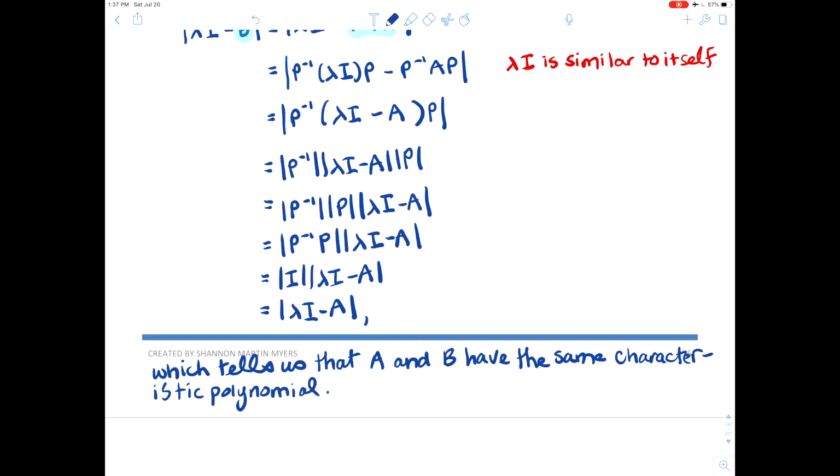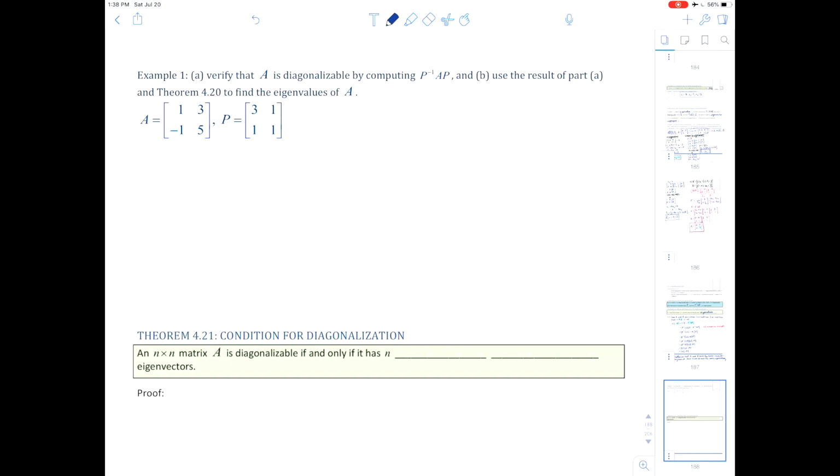Well, what does that mean? Thus, A and B have the same eigenvalues. Pretty cool little proof, huh? All right. And we're done. Let's take a look at an example.